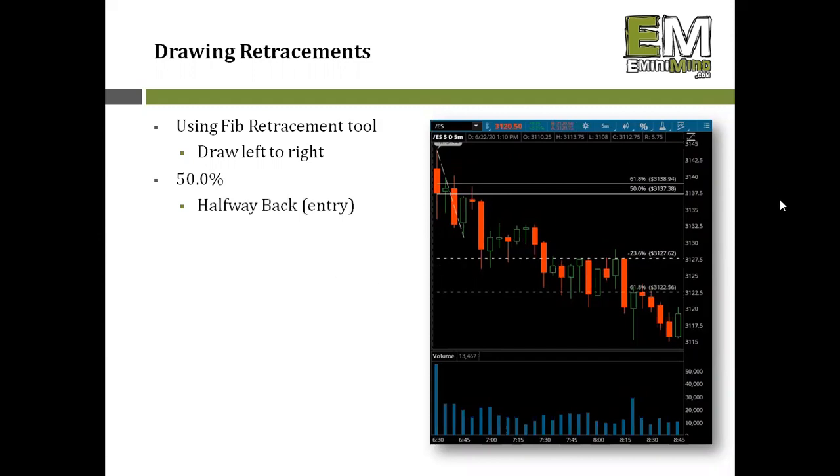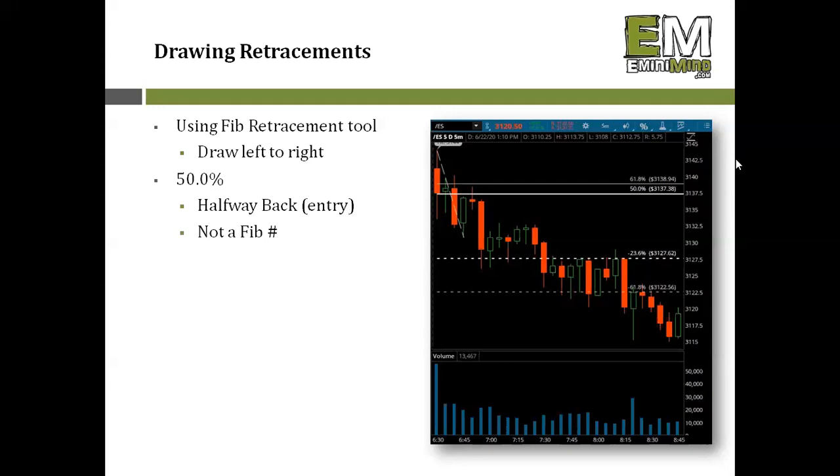The 61.8 is looked at as the failure point, when the trend has gone so far beyond 50% that it's less likely to resume. And then the minus 23.6 and minus 61.8 are used as targets projecting out, in this case in the downtrend, where we might become extended to the point where we might get another pullback.